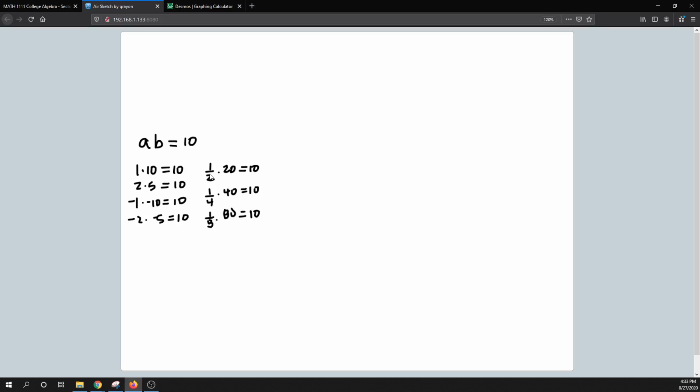In fact, if you give me any number, say 52, then I can say, well, that's 10 over 52 times 52 gives me 10. So that really doesn't narrow it down at all with a 10.